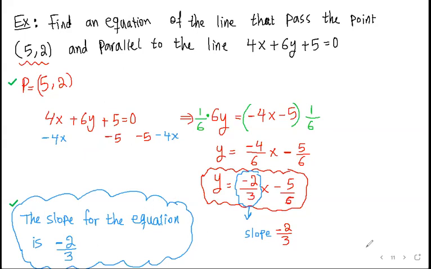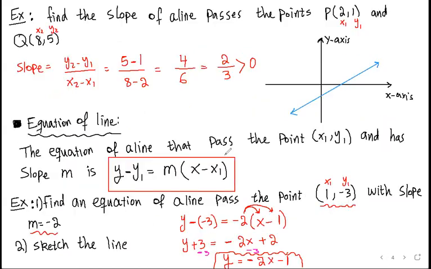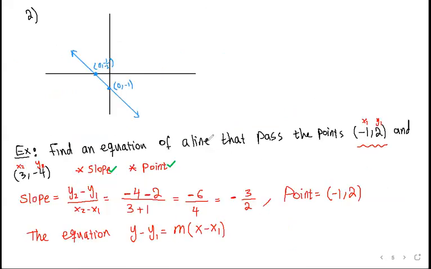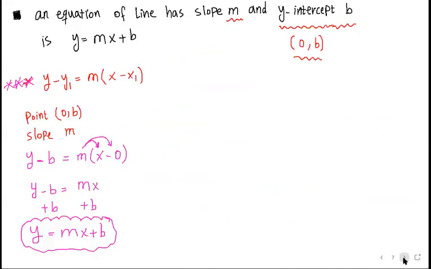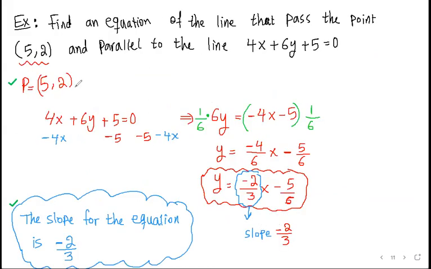I plug inside this formula, the equation formula. And I gave an example for this equation formula: find the equation of a line that passes through the point. I get the slope, I get the point. So the main thing here is I have to find the slope and I have to find a point. In the question, they give me the point already, so it's nice. Now I am looking for the slope.